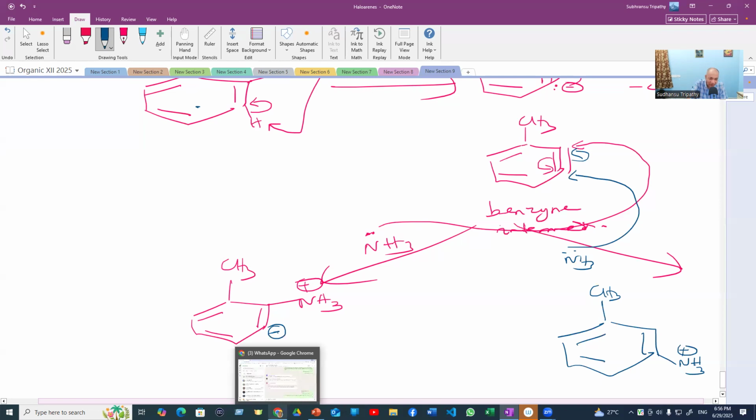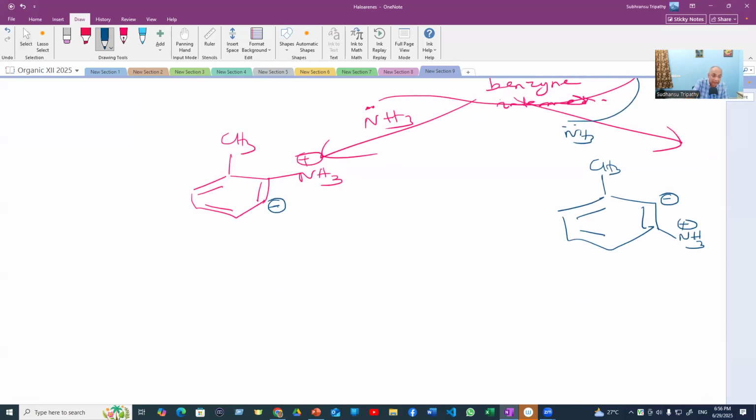I forgot to give you a minus sign here because it is polarized here. And now also I am showing a minus sign here. So you are getting both, maybe in unequal proportions, but you get both attacks. That is why you get a normal product as well as a product which is one place displaced, the adjacent product.